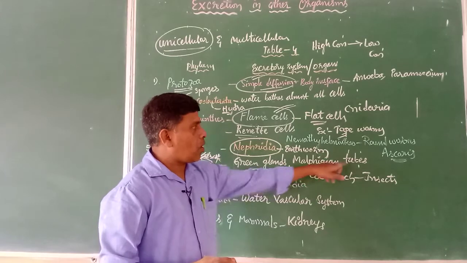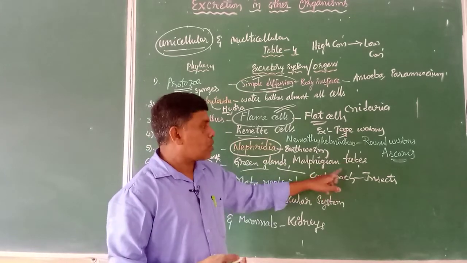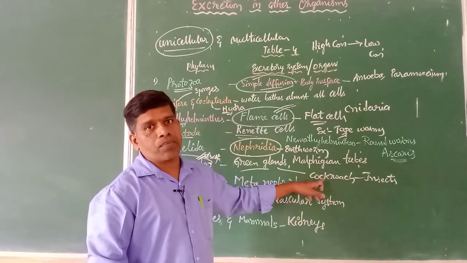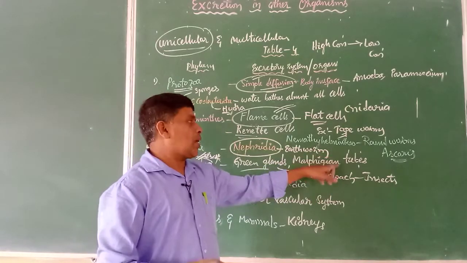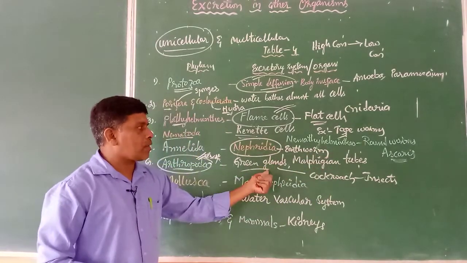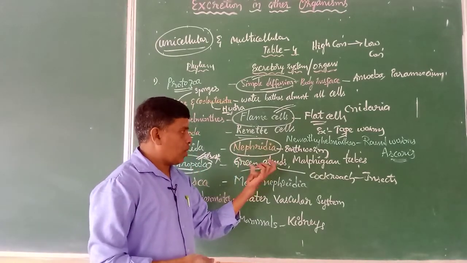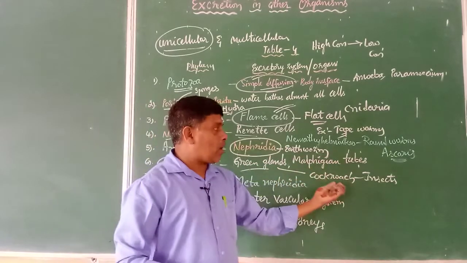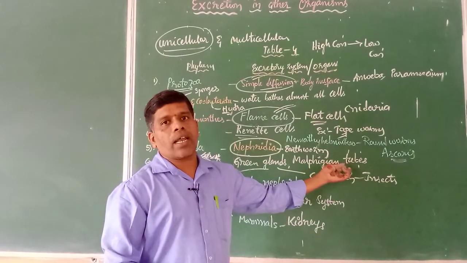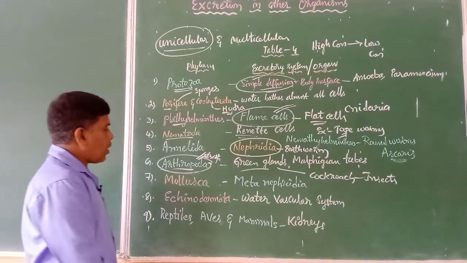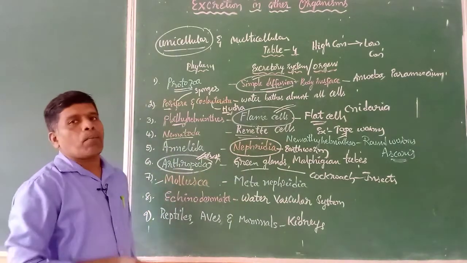Particularly in cockroach, we have Malpighian tubules or tubes attached to the posterior part of the digestive system, which act as the excretory organs. Two types of excretory organs are present in arthropods. Some organisms have green glands, and some organisms like cockroach have Malpighian tubules. Now coming to the next phylum, Mollusca.